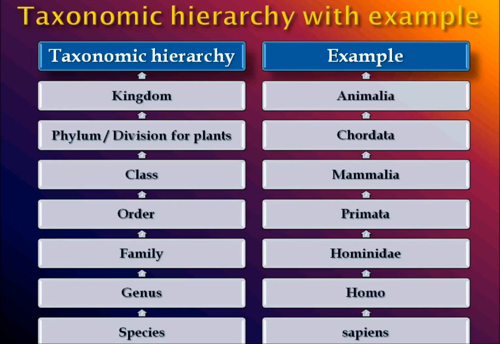The name we give to a human being is Homo sapiens. Homo is the genus name and sapiens is the species name. Homo sapiens belongs to the family Hominidae, the order Primata, the class Mammalia, and here we use the word phylum: phylum Chordata, and kingdom Animalia.